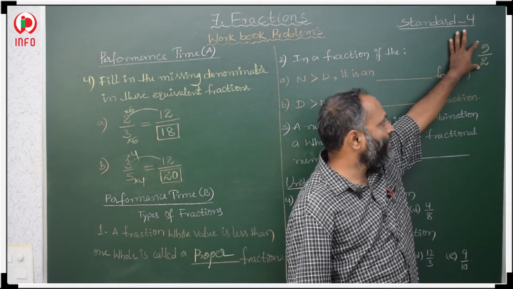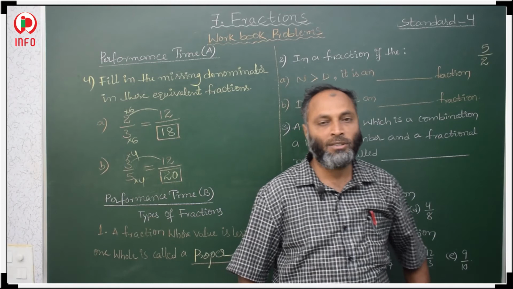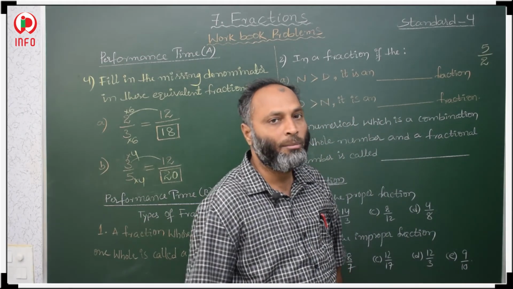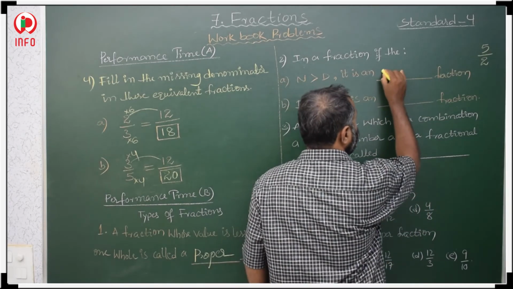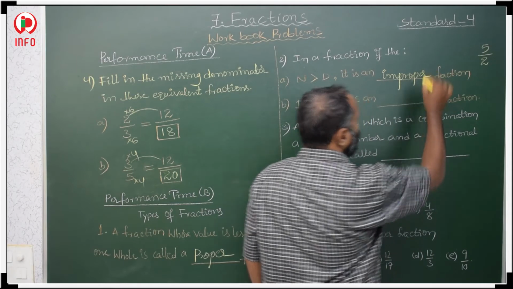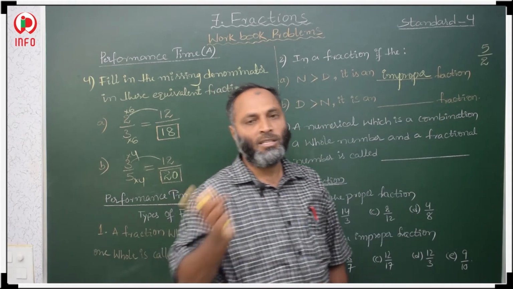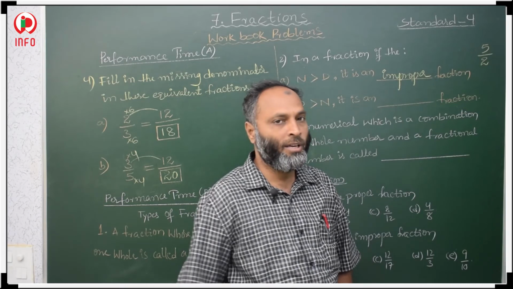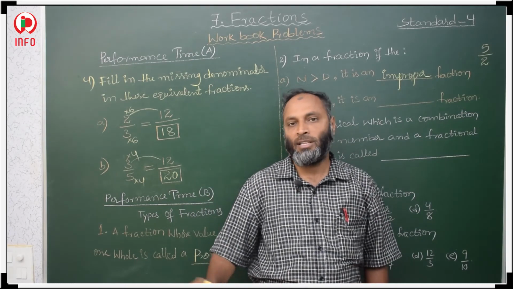If a fraction is in this form, then this type of fraction is called improper fraction. Improper fraction value is always more than 1, greater than 1. Proper fraction value is always less than 1.